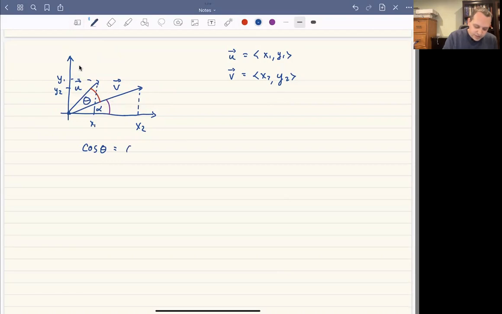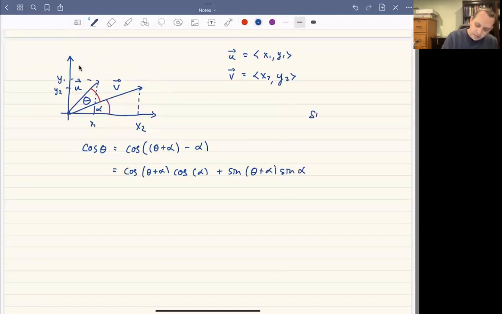The trick here is we're going to write theta as theta plus alpha minus alpha. Then we can use the sum of angles formula from trig. We know that this is cosine of the first angle times cosine of the second angle plus sine of the first angle times sine of the second angle.